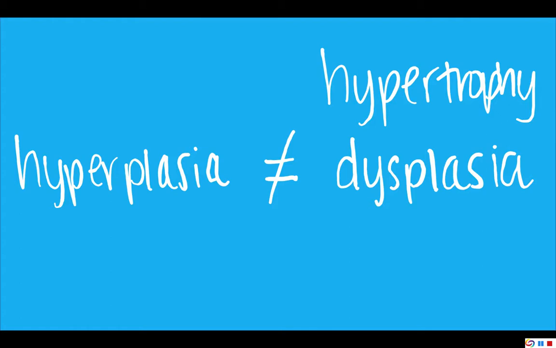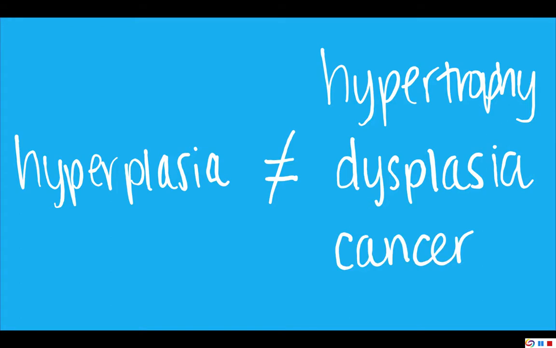So dysplasia is essentially a precursor to cancerous cells. Dysplasia would be dysregulated growth of these cells, and they're going to be abnormal cells, whereas hyperplasia is also an increase in the number of cells, but they're just normal cells. So hyperplasia is not cancer either.